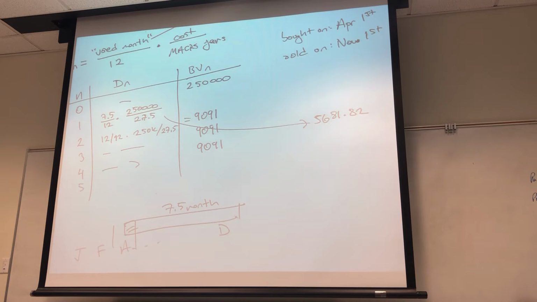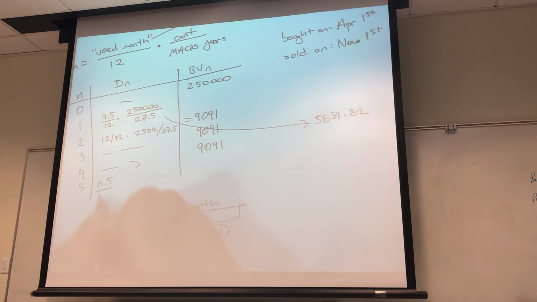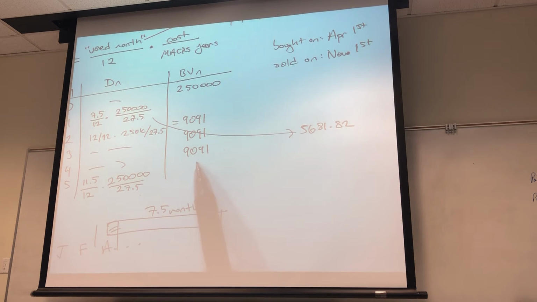Let's check. Actually, I think for this one, he used 10.5 instead of 11.5. 10.5 if you didn't use it in November? Well, if you use 10.5 and I use 11.5, I add 1 more month there, and I give up 1 more month at the beginning. So at the end, I should get the same book value.